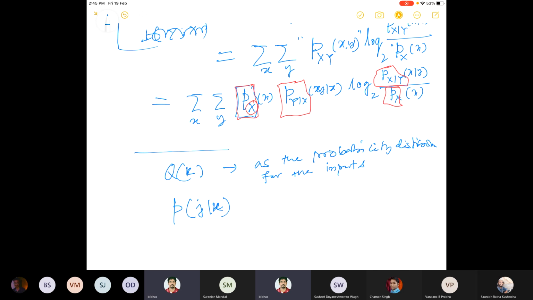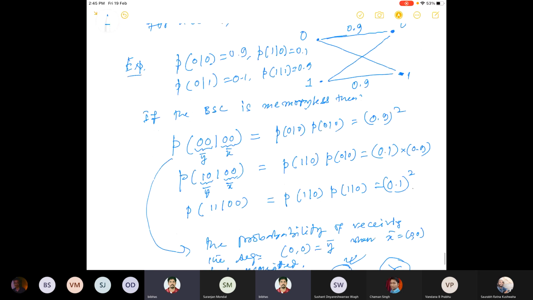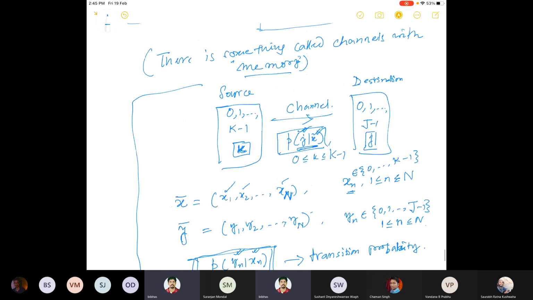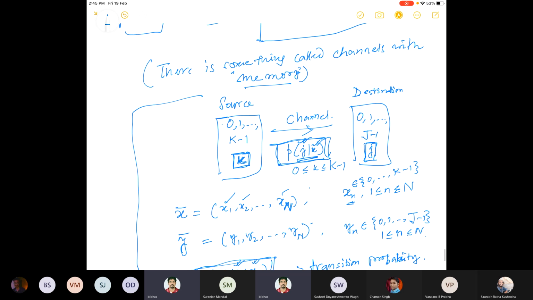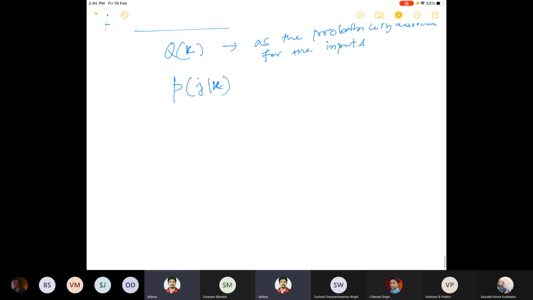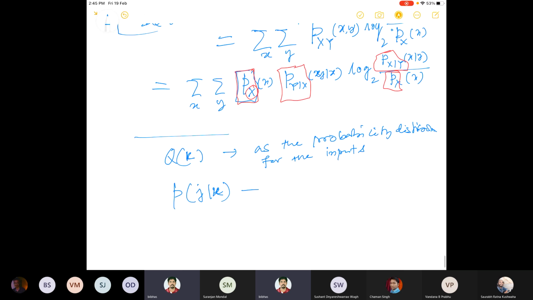Here you see my channel, where we said the outputs are 1 up to j. So we'll use the small j for the output, and for the input we'll write small k. So the probability is p(j given k). This is my notation for the transmission probability.